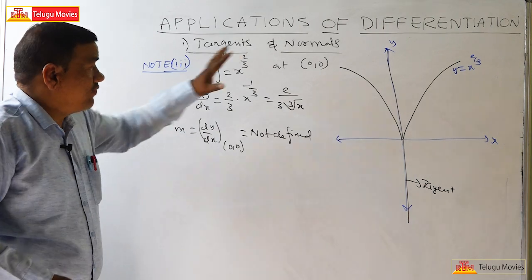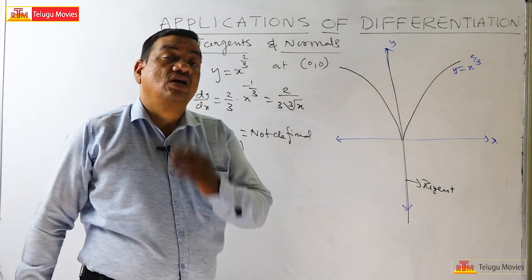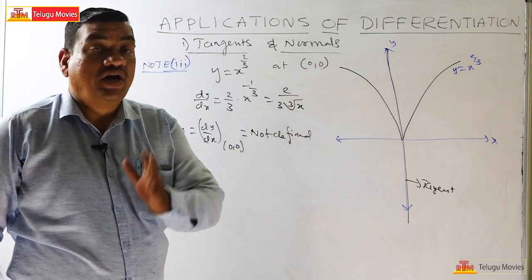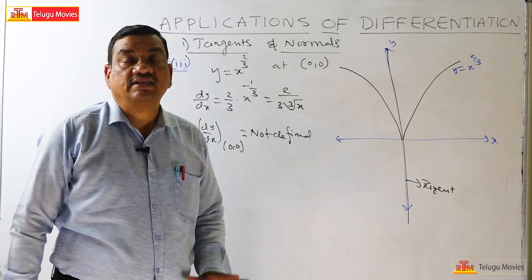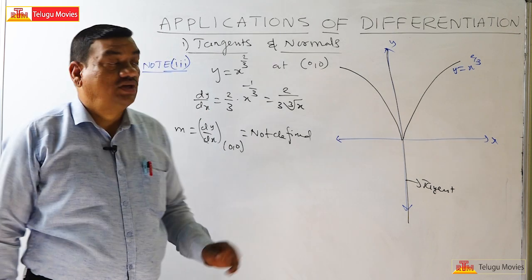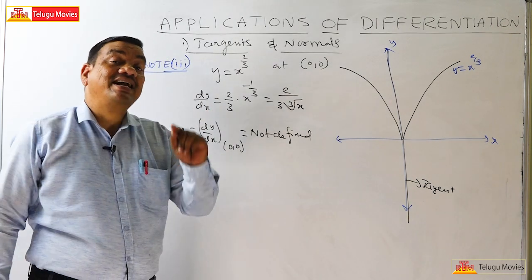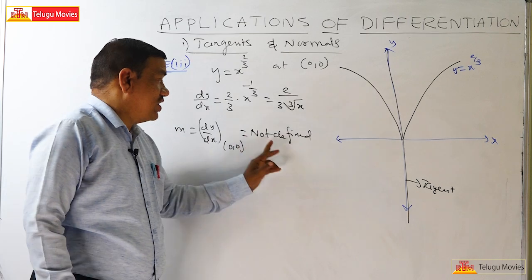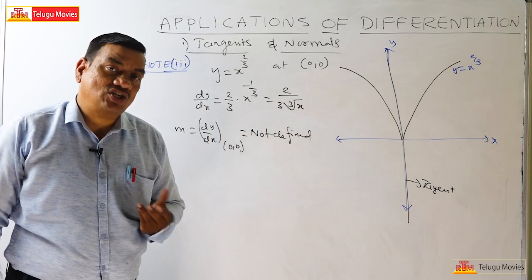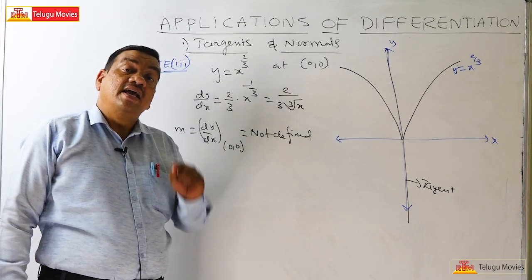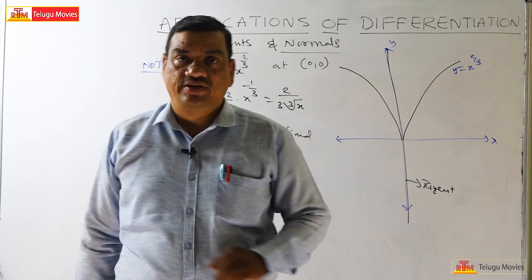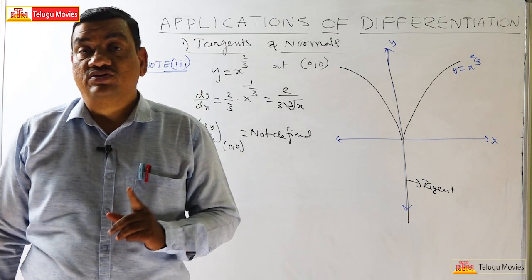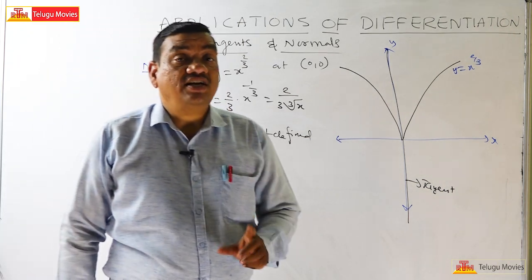Okay, now. From this example, the conclusion that we have to understand is: even though dy by dx at a point does not exist, it is not defined, there is still a possibility of a tangent existing at that point.